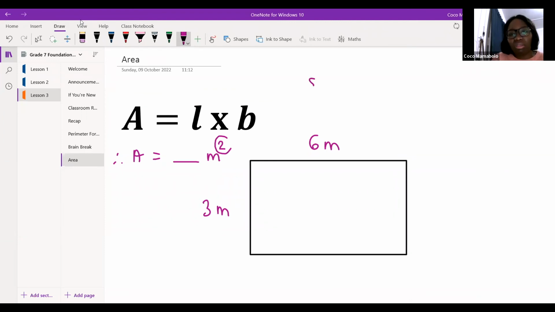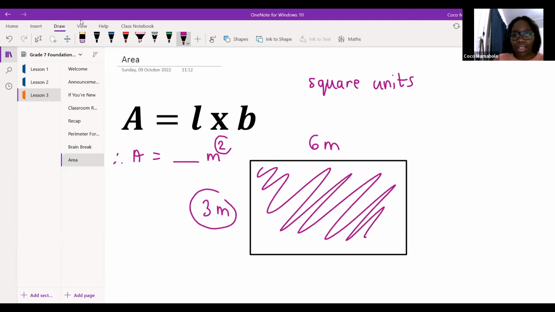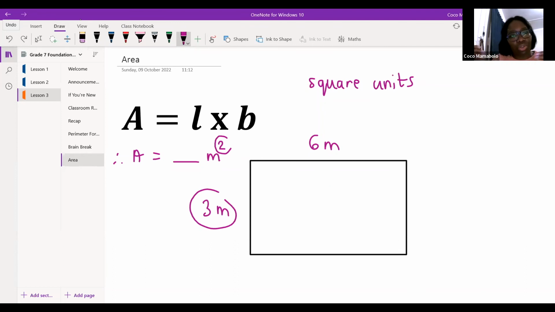The reason we can look at them as square units, I know you were about to say that, is because we can actually calculate the inside of this shape using squares. Now I know that this side is 3 meters, and I want to calculate the inside of my shape, but I don't have a measuring tool that's just going to tell me what the area on the inside is.